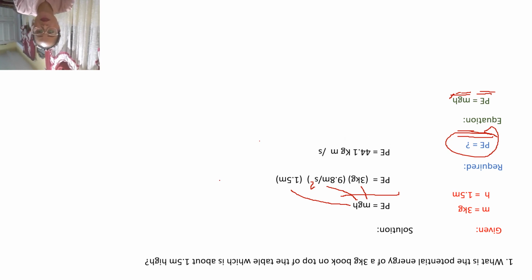The answer is it is equal to 44.1 kilograms meters squared per second squared. Or the final answer is potential energy is equal to 44.1 joules.